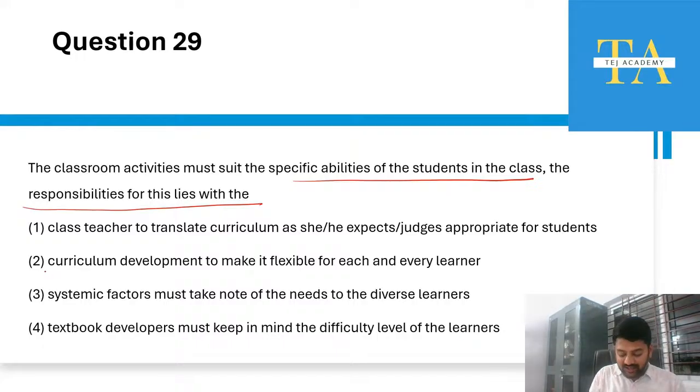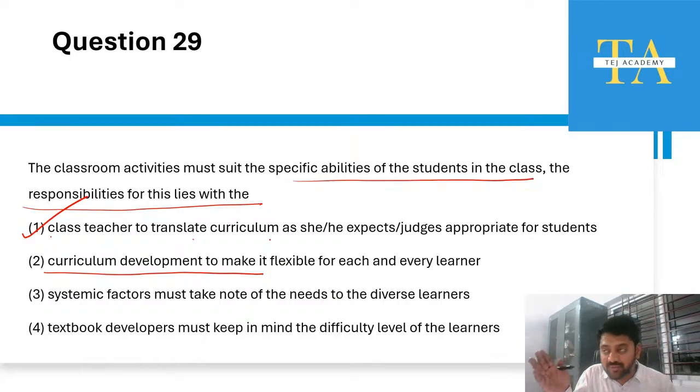See, curriculum is always developed for diverse learners. But when it reaches the student in a classroom, it reaches based on the teacher's implementation. So here, the first one: the class teacher translates the curriculum as she or he expects, which is going to be appropriate for our students in a class of 40 students.